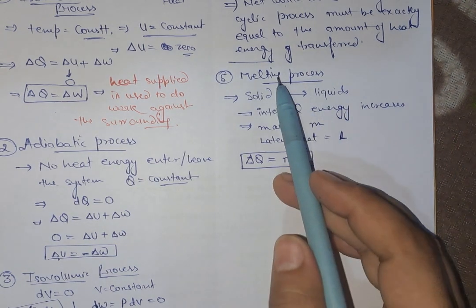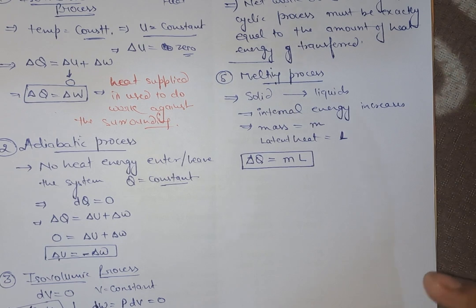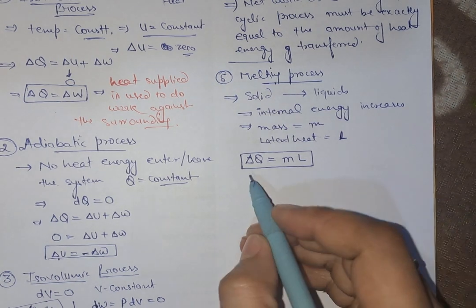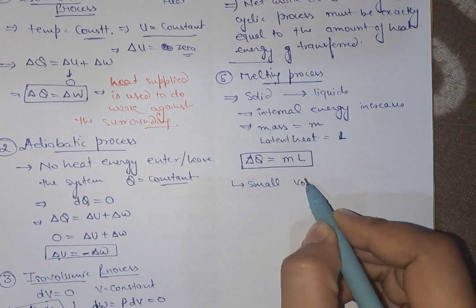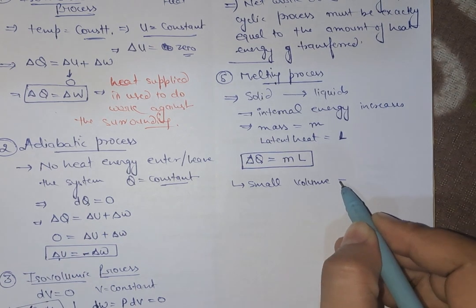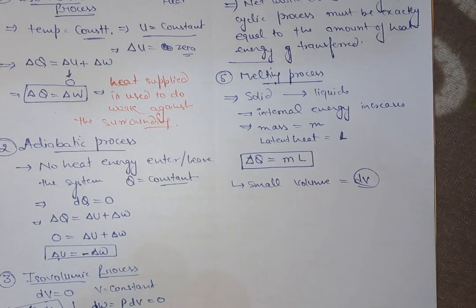Now, if there is a melting process, some small change in volume takes place. Let us say that small volume change is dV.